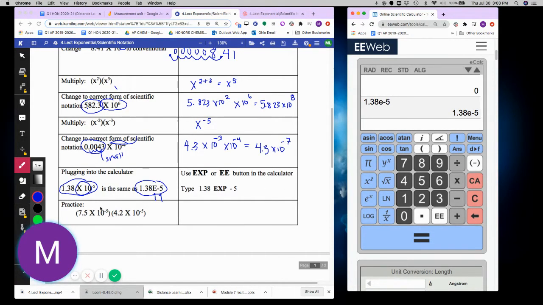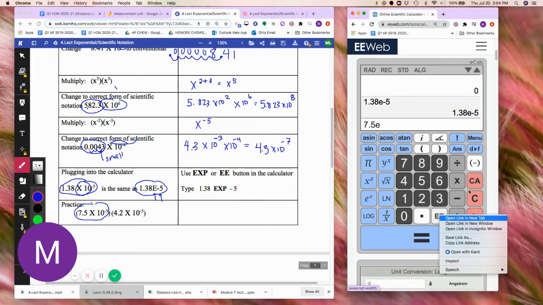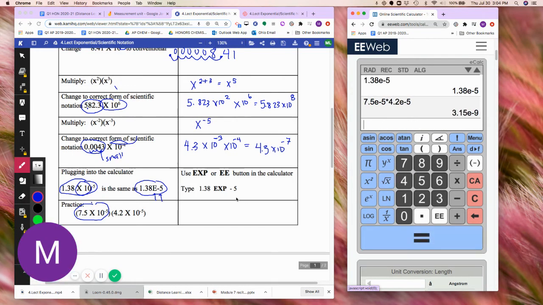If you want to do a problem like this, all you have to do in the calculator is type in 7.5 times 10 to the negative 5 times 4.2 times 10 to the negative 5 equals, and the answer is, the way you write it is 3.1 uppercase E, big negative, and a big 9.